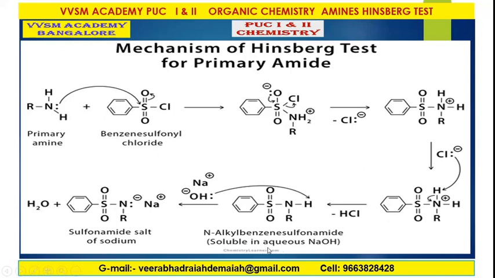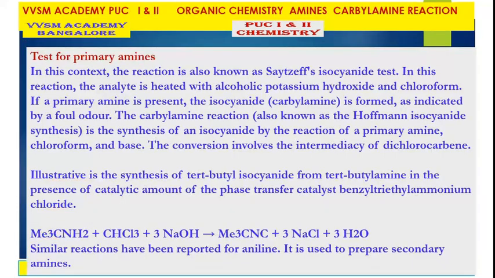The alkyl benzene sulfonamide is soluble in aqueous sodium hydroxide, giving the sodium salt of sulfonamide along with water. This is the brief mechanism of the Hinsberg test for primary amine. Test for primary amines: conclusion.